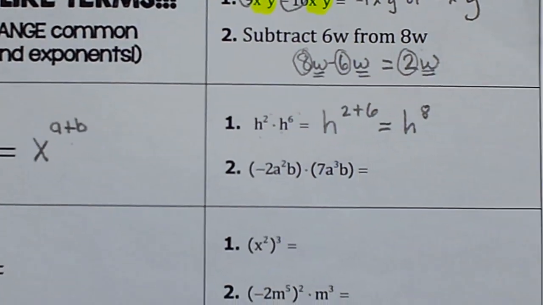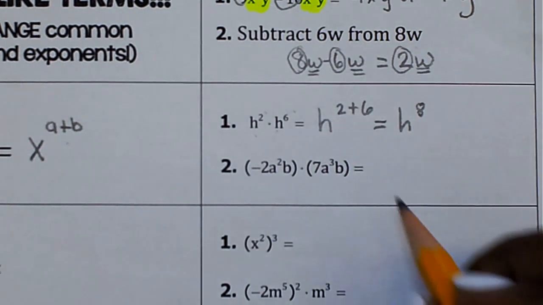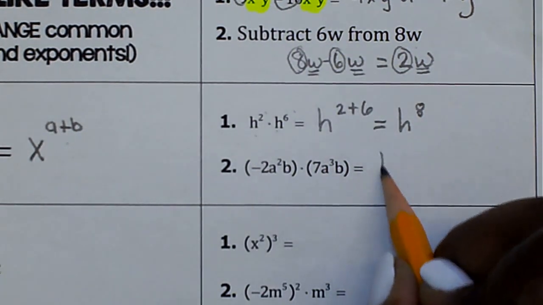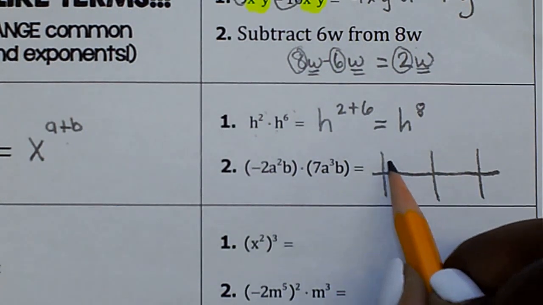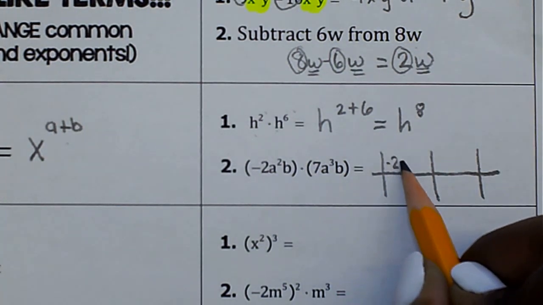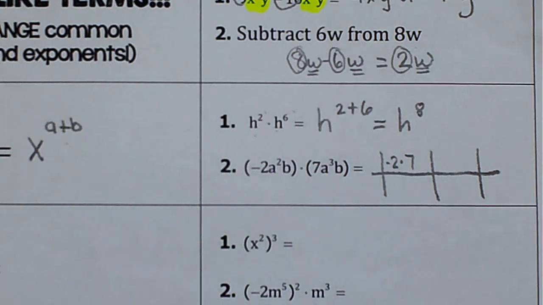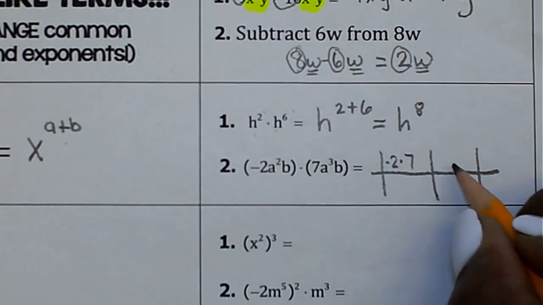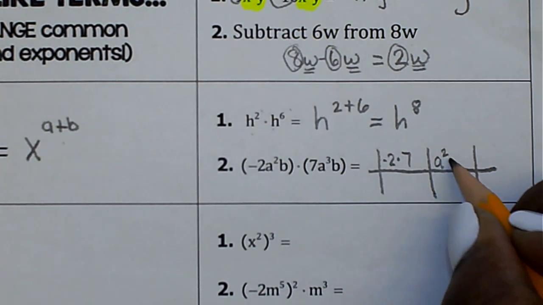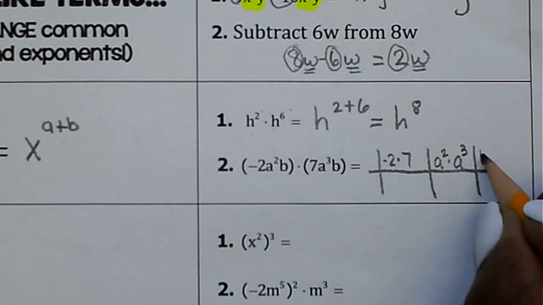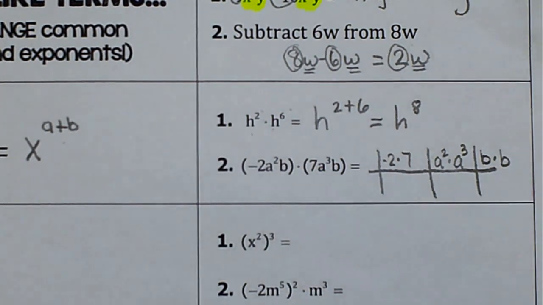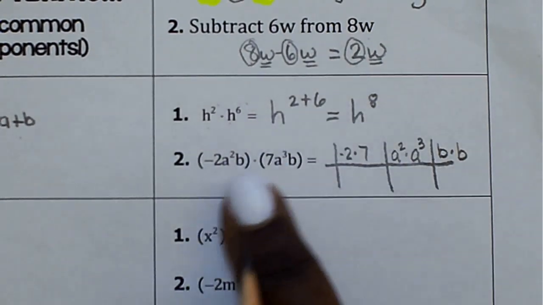Here, you want to separate out your things. So you have a negative 2 times 7, a squared times a cubed, and b times b. Why do I separate it?